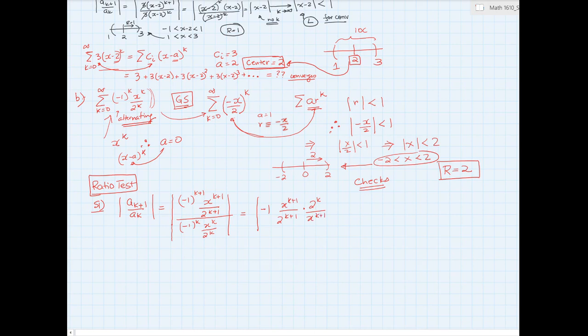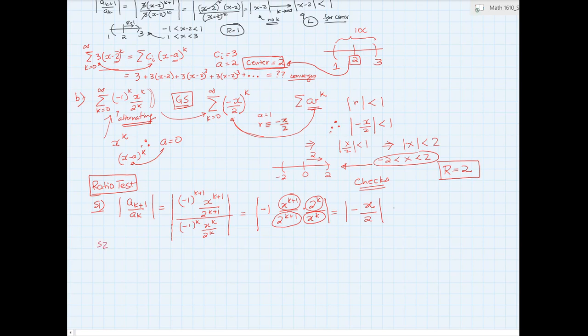Flip the denominator and this is what you would get. So this is minus, now x to the k and x to the k plus 1 leaves me with an x. 2 raised to the power k and 2 raised to the power k plus 1 leaves me with a 2. So this is my step 1.